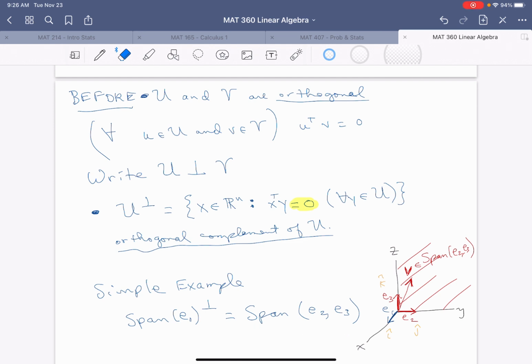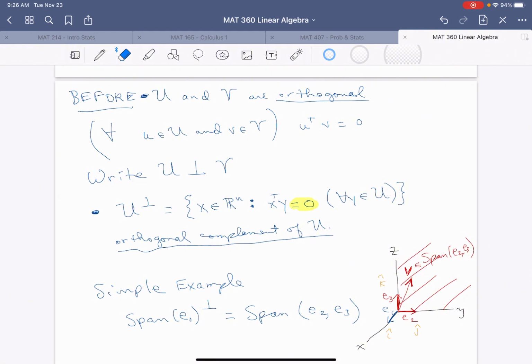And I also mentioned that, you may remember from vector calculus, you may be more comfortable with E1 as the i vector, E2 as j, and E3 as k, if we're talking about R3 as illustrated in my picture here. So you can think about the span of E1 as really just the x-axis.